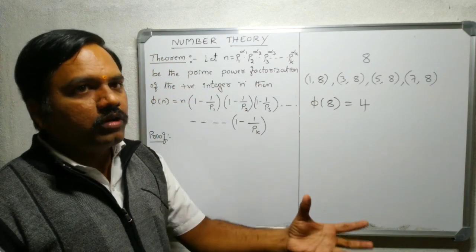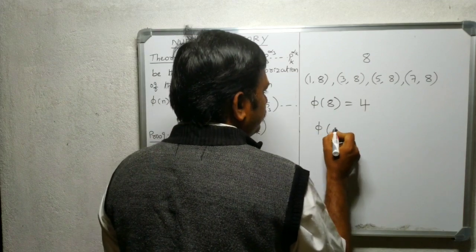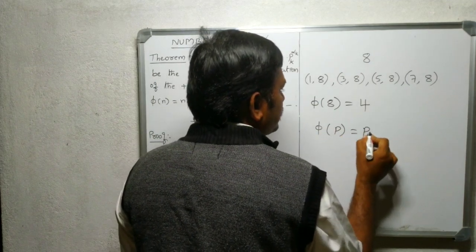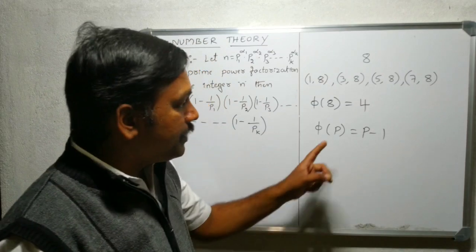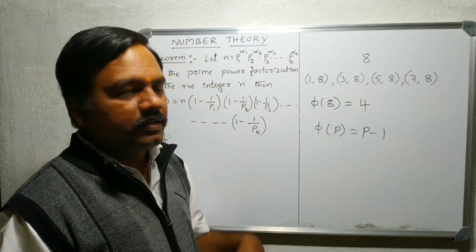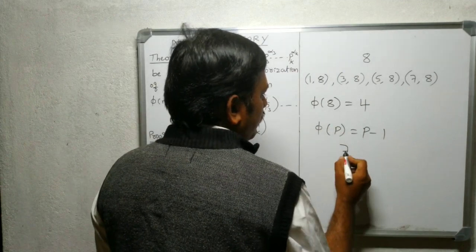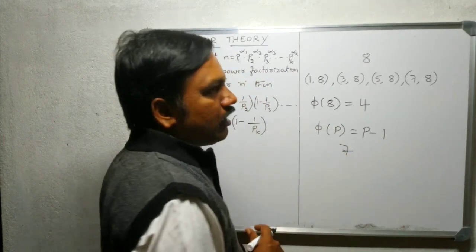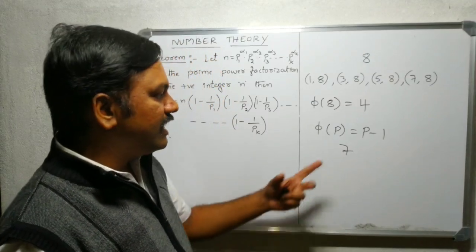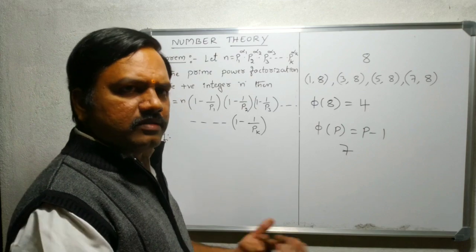Next, I also told you in another note, phi of p. If p is a prime number, then phi of p is written as p minus 1. So here, for example, 7. The number of positive integers less than 7 and relatively prime to 7 is 6.